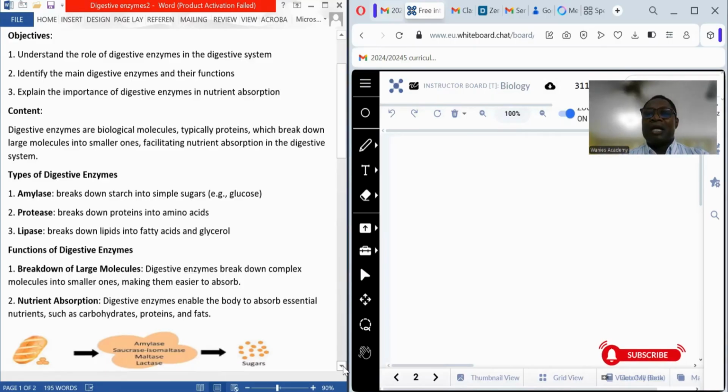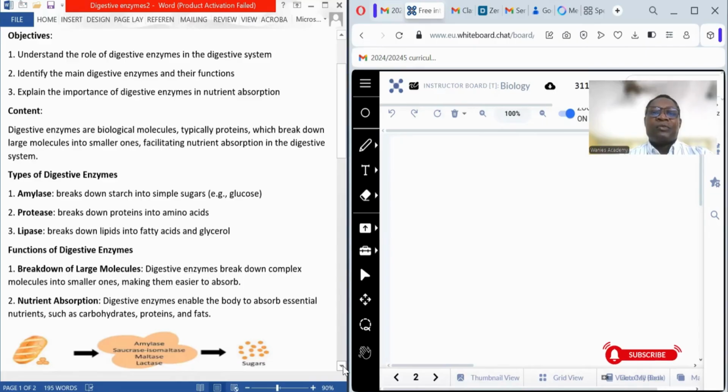Emulsification is also carried out by the bile. The bile helps break down lipids into simpler form for the action of enzymes, which later converts it into fatty acid and glycerol.